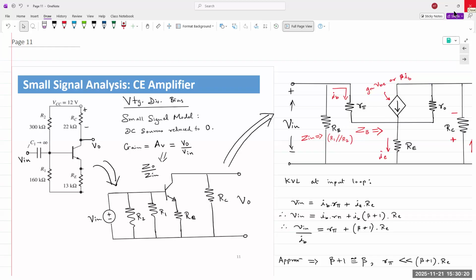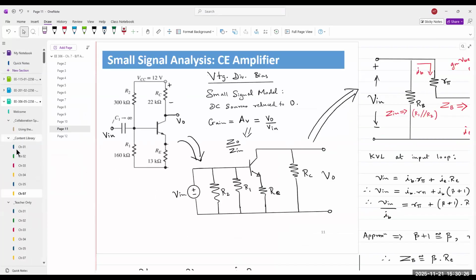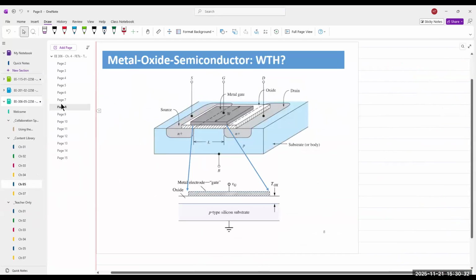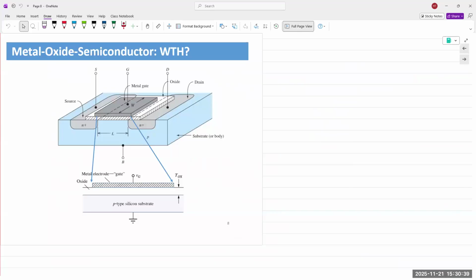All right, then let's turn our attention to MOSFETs. So MOSFETs are something you'll use in 307 and going forward. So what exactly is a metal oxide semiconductor field effect transistor?